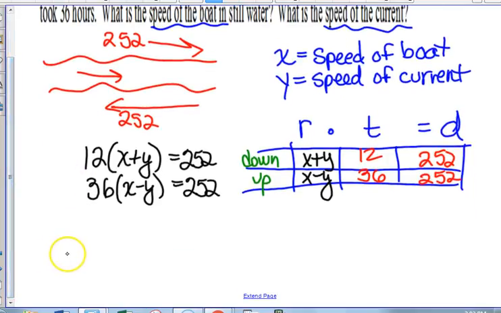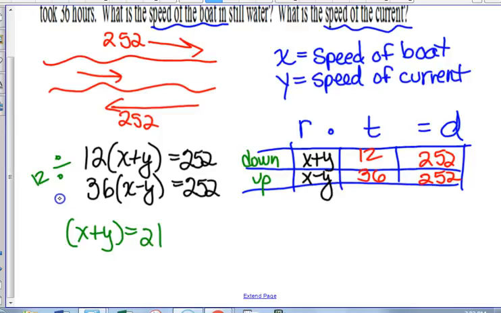Now, I didn't divide earlier, but this is just too good to resist, because if I divide both sides right here by 12, I get X plus Y equals, what's 252 divided by 12? Okay.